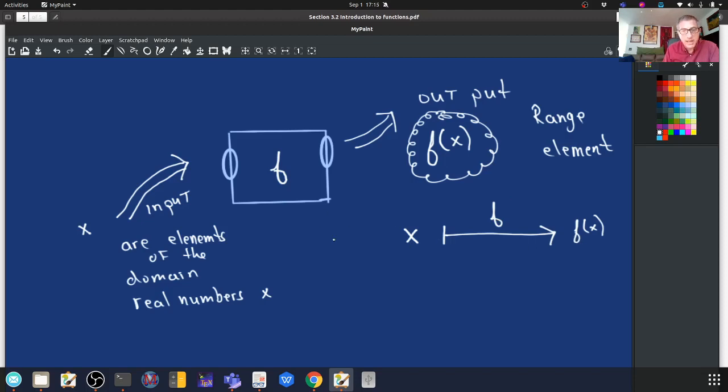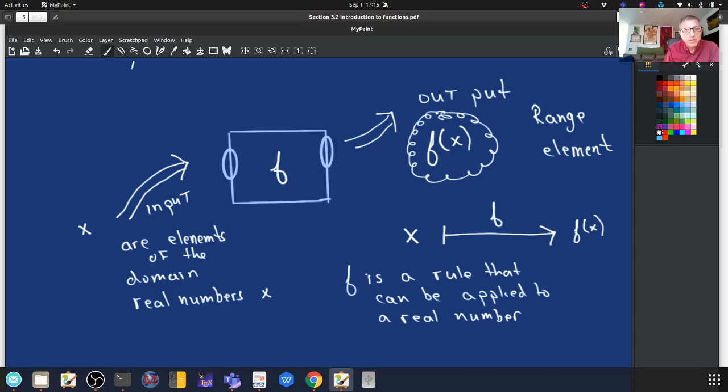But what is f? f is a rule that can be applied to a real number. So that rule could be take the absolute value of x. Take x, multiply it by 2, and then add 1. Take x and multiply it by itself. So this is a function.